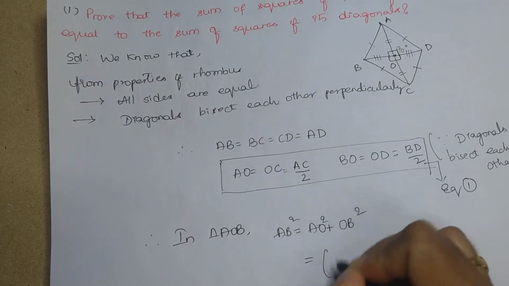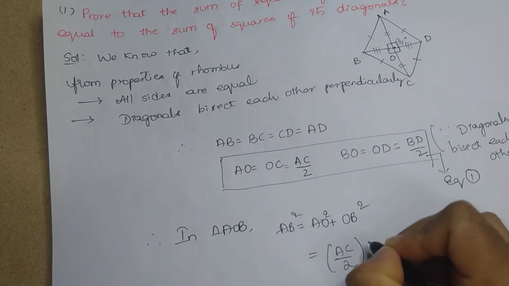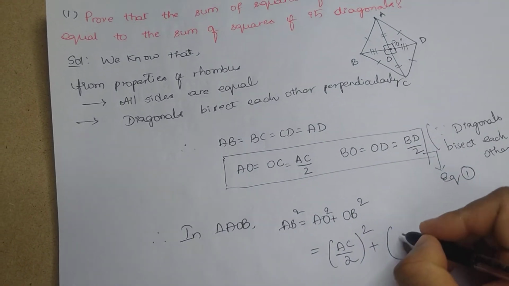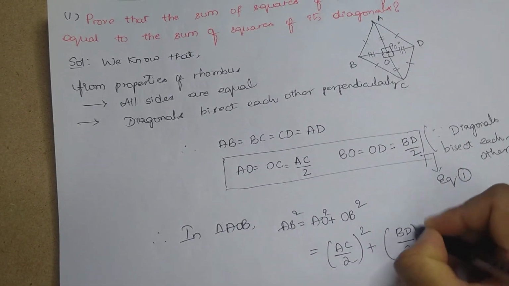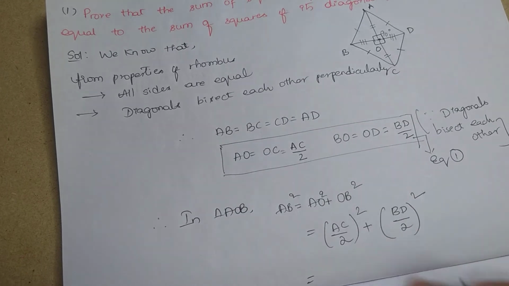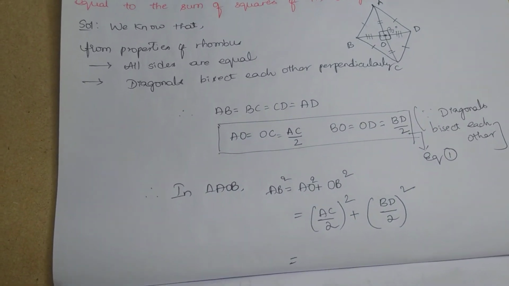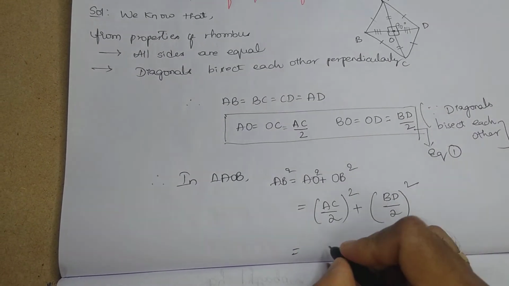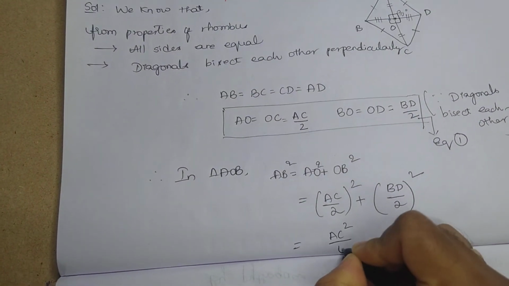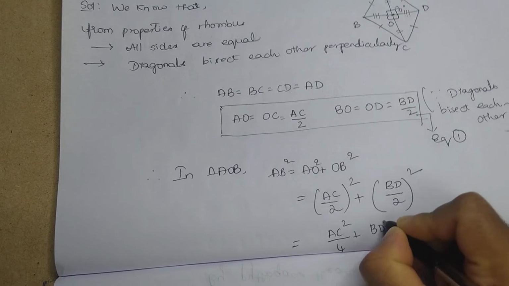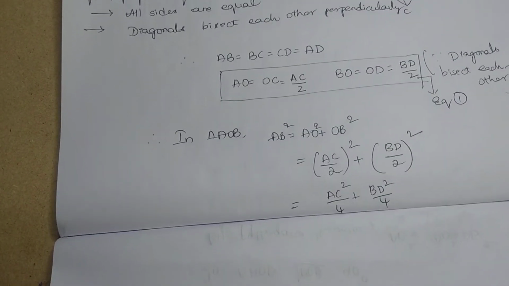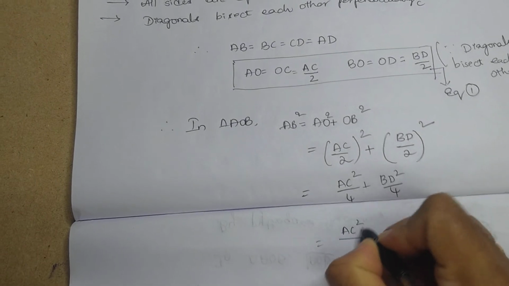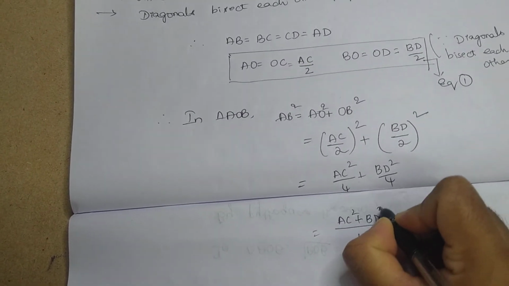Yes. In the place of AO I am writing AC by 2, and in the place of OB I am writing BD by 2, since the diagonals bisect each other, it means that O will be the midpoint for the two diagonals. So AC by 2 whole square becomes AC square by 4 plus BD square by 4. So here I am just taking 4 as LCM: AC square plus BD square.